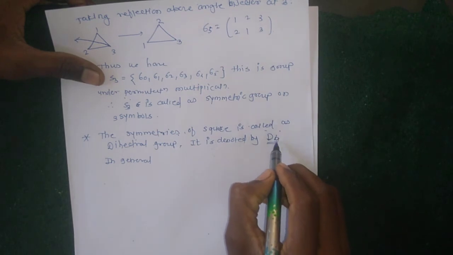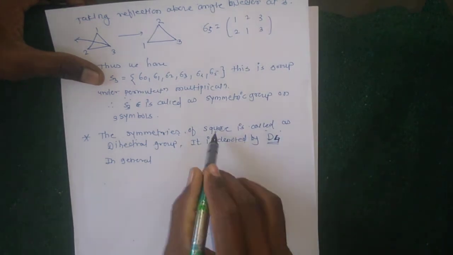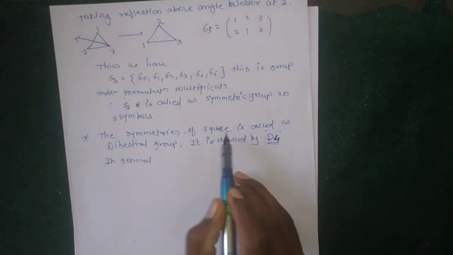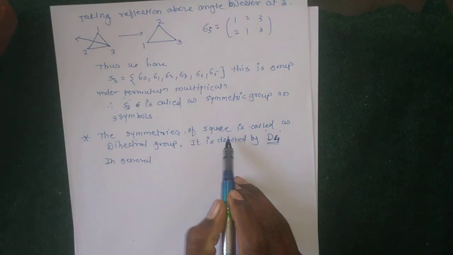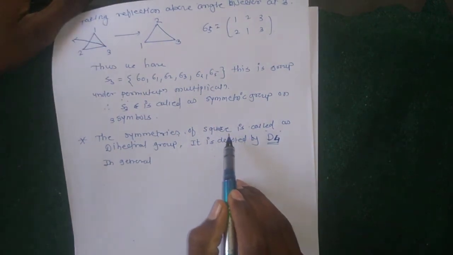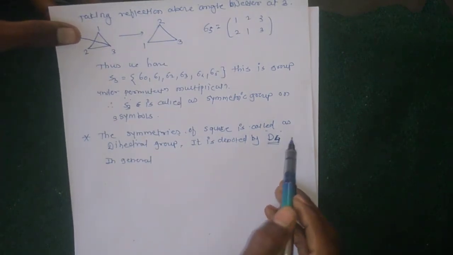Sorry, this is D4. Dn means an n-gon polygon. Here only a square, which means only 4 letters are contained here. So it is called D4.